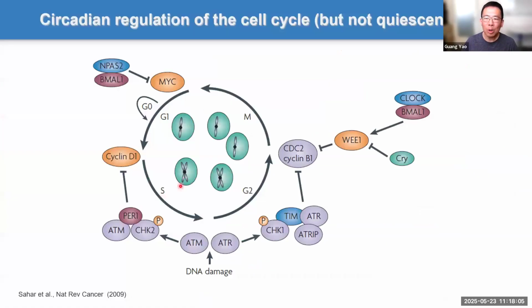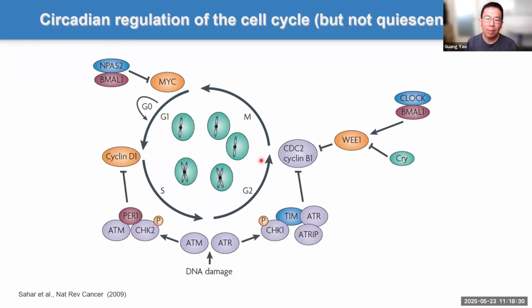People have shown, and this is a nice review, that there is well-established coupling of the circadian clock machinery to the cell cycle. There's more than this simple cartoon. So we know the circadian clock regulates the cell cycle, how quickly and how cells go into proliferation.